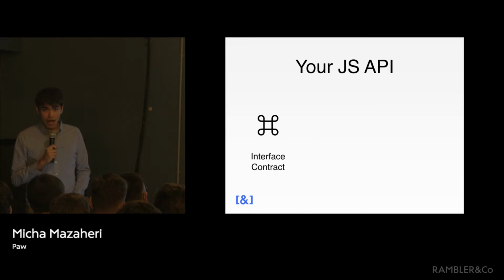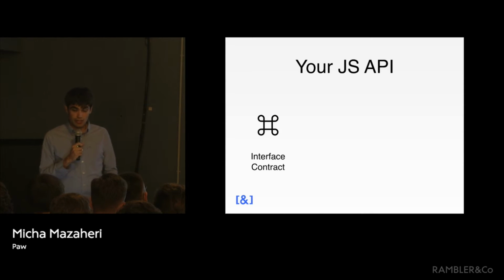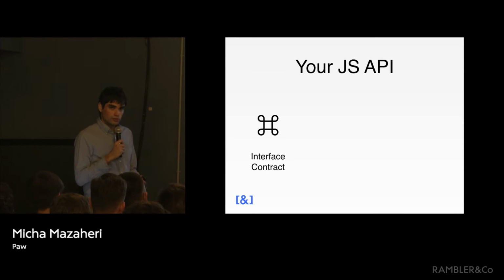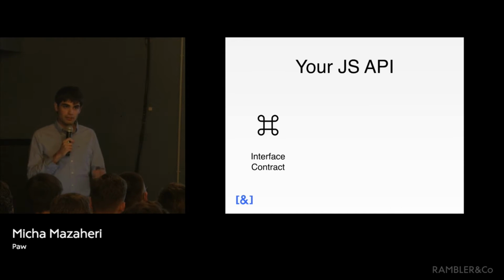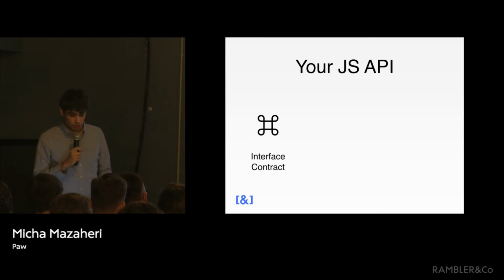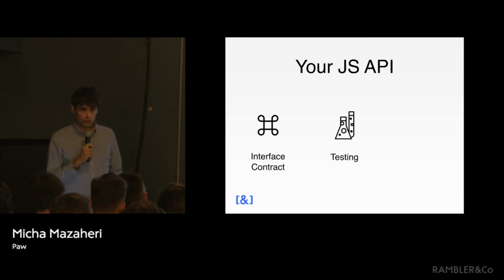So going back to how you can define a JavaScript API for your application, I think the fact that you describe an API and you let your user use it forces you to create a clear limit between what's supported and what's not. You have an interface contract, which allows you to have very strong testing on your side.